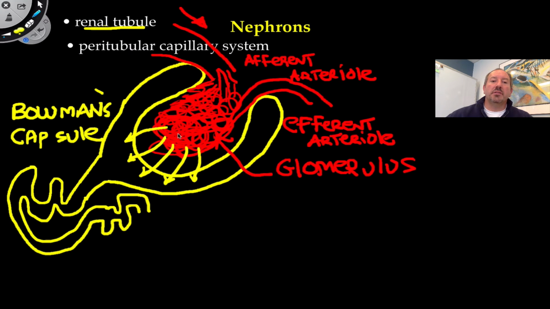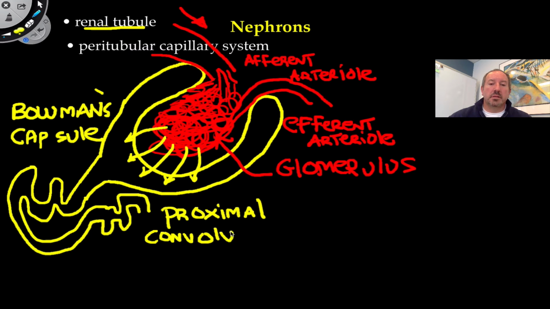So collectively, this whole region right here is known as the renal corpuscle, right in here, this filtering area. But since it's very close to the glomerulus, this twisty, convoluted part of the renal tubule is known as the proximal, because it's proximate, or close to, the proximal convoluted renal tubule.